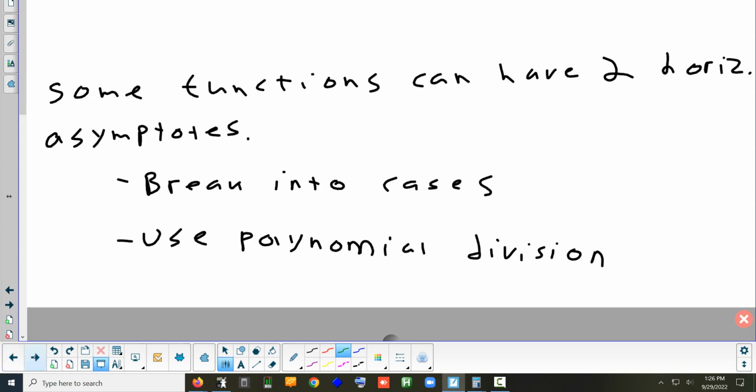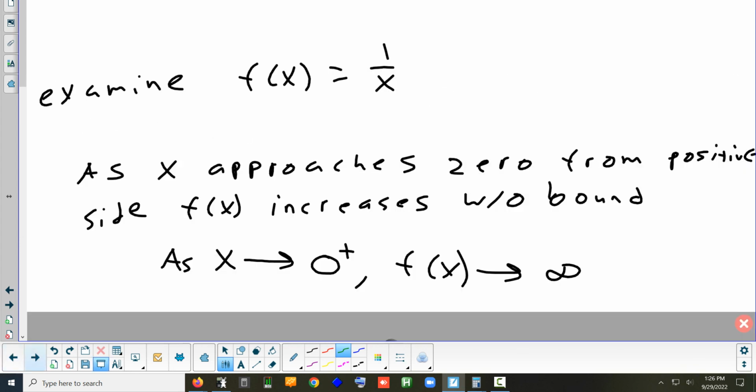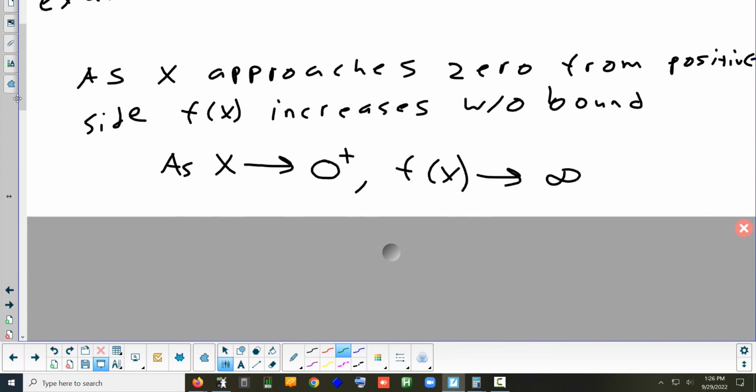All right, so let's look at that. The first one we looked at was as x approached 0 from the positive side. All of a sudden, your graph approached infinity.